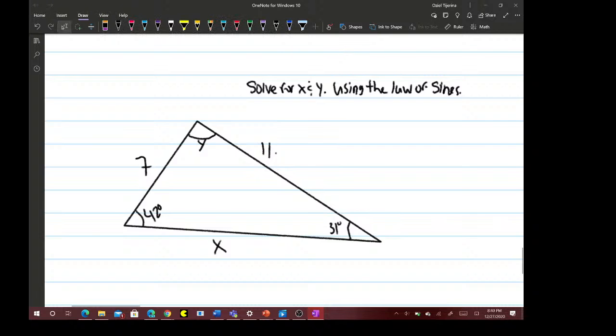That's pretty easy because we already have our two angles, and remember that the degrees for any triangle add up to 180 degrees, okay?